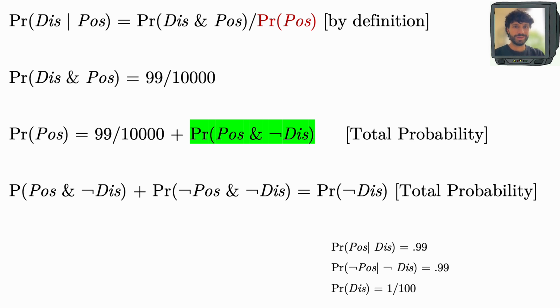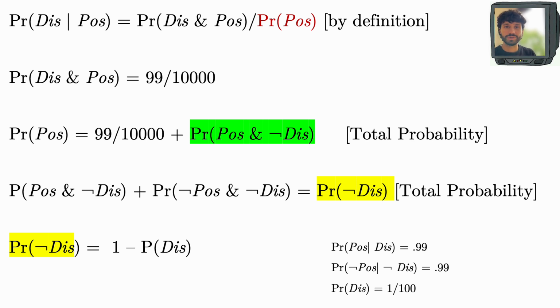Okay, so why are we doing this? Well, because it's easy to find out what the probability of not having the disease is. Let's do it, right? The probability of not having the disease is just 1 minus the probability of having the disease, right? I'm using P and Pr interchangeably here. In standard probability, we actually don't write Pr, so I'm slowly going to ease our way out of it.